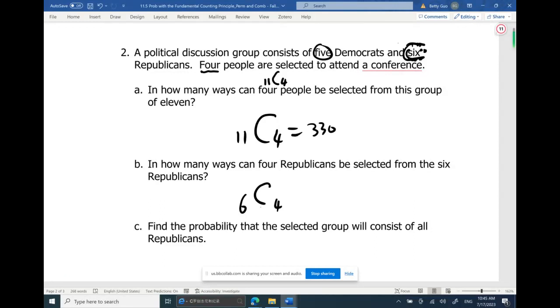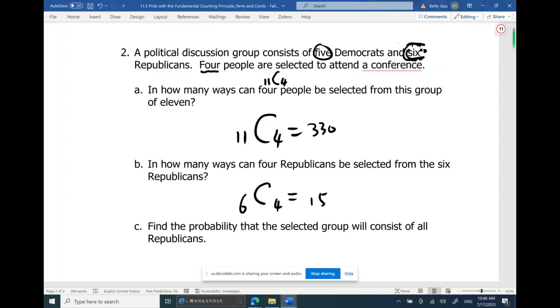And use the calculator to find the result. Enter 6, go to math, probability, nCr, and then enter 4. I got 15. So yeah, that's correct.